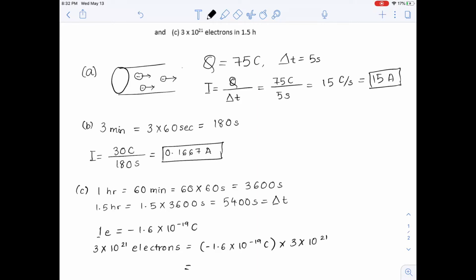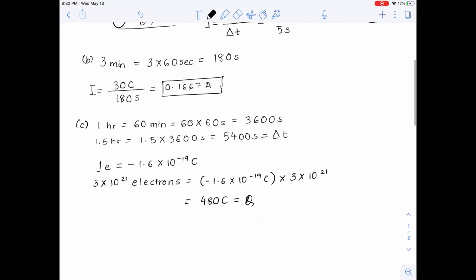That's 480 coulombs, and that is the charge. There should be a negative. It's negative 480 coulombs.